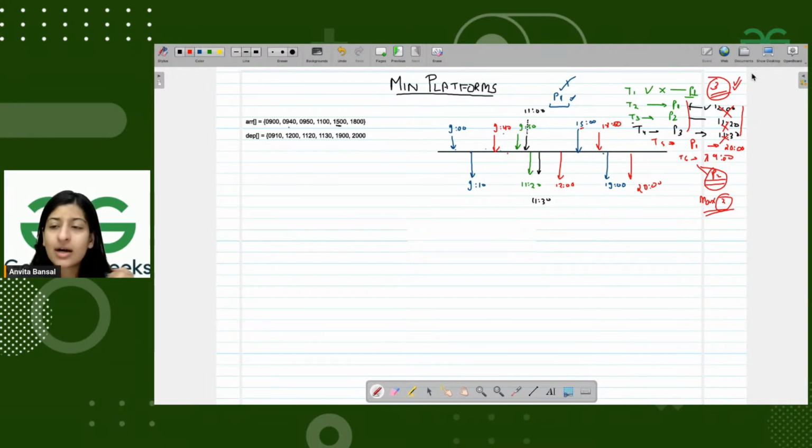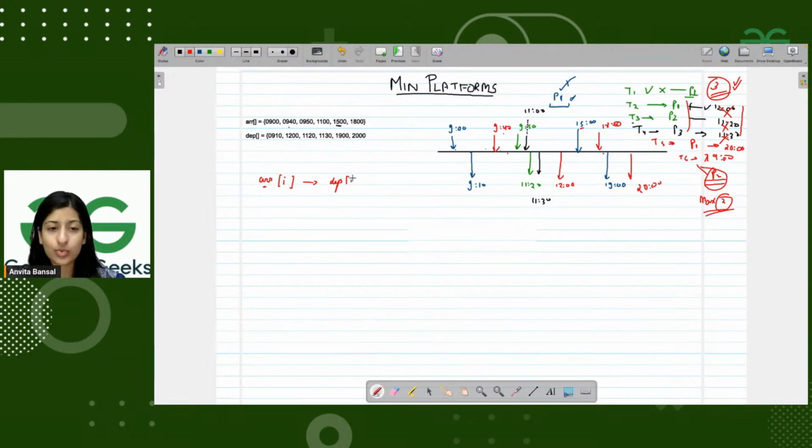That is, according to the problem, the minimum platforms you are using to manage the overlapping times of the trains, right? How do you do that? How will we check it? You have seen that whatever the arrival time of some train at the ith index, I am making a comparison with the departure time of the previous train, let's say.